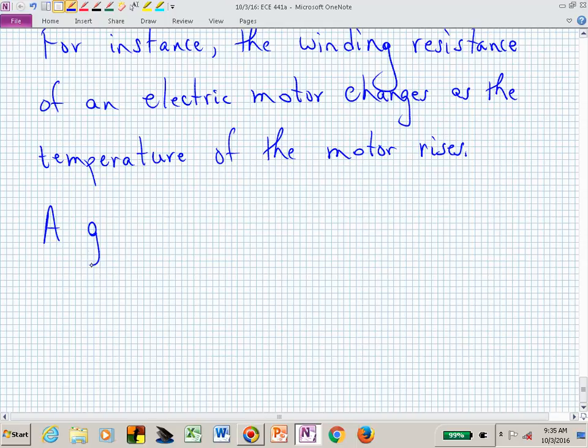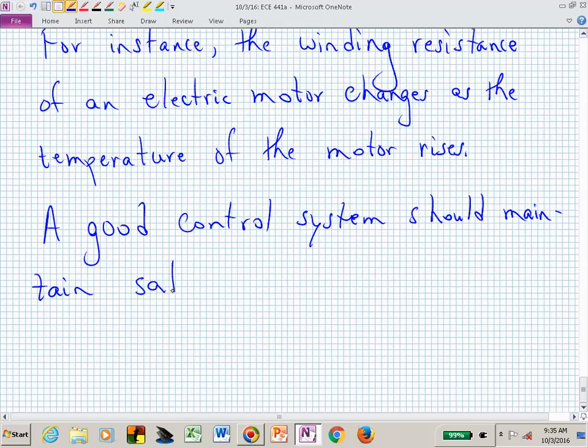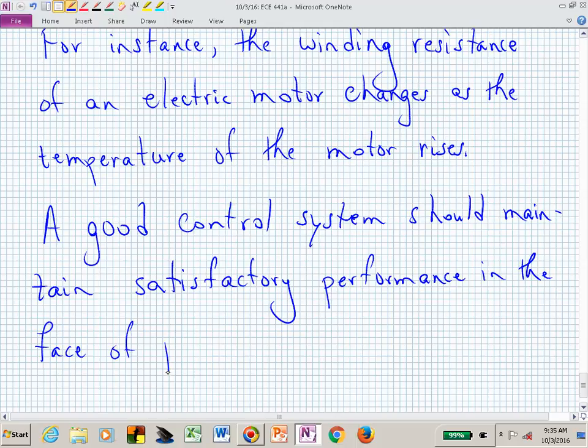A good control system should maintain, we'll say, satisfactory performance in the face of parameter uncertainties or parameter variations.